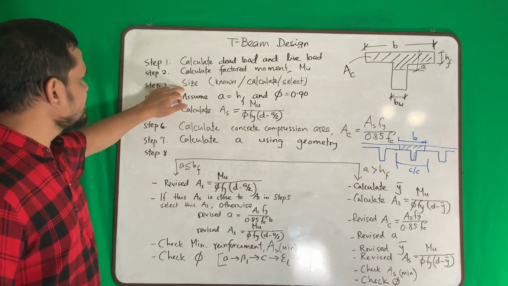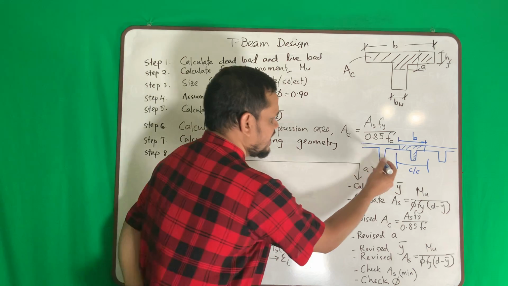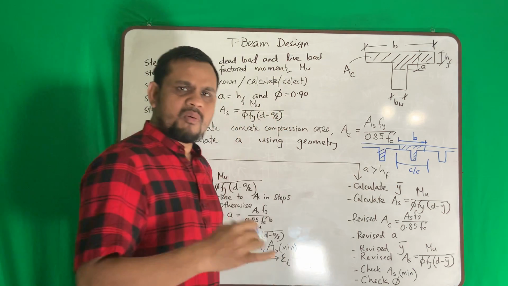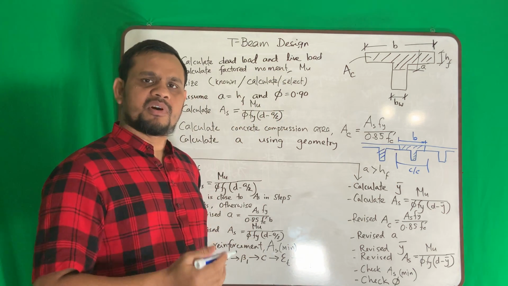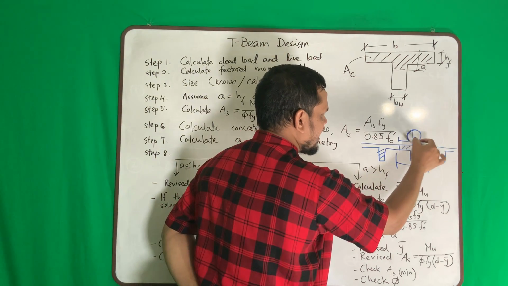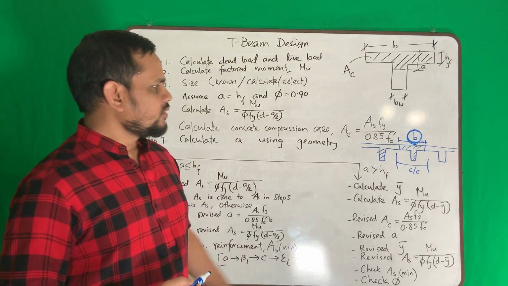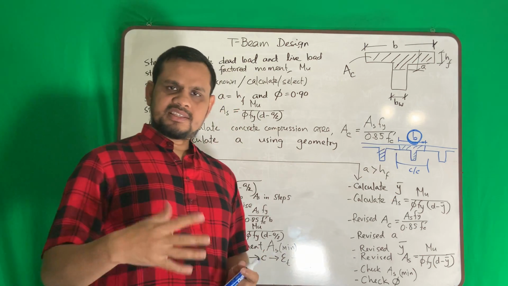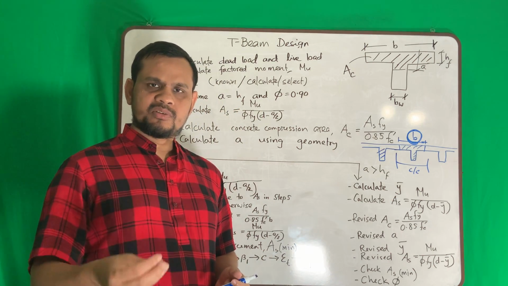Then step number three is size. Size means the size of this web, which is commonly given by the architect, or you can choose your size. But to calculate the size of B, ACI gave us some recommendations. It is in your book.